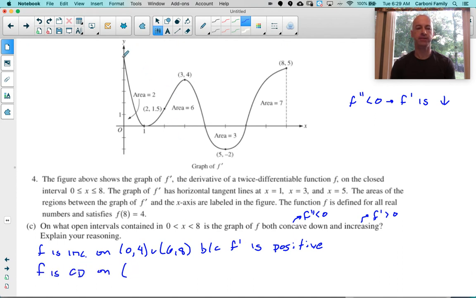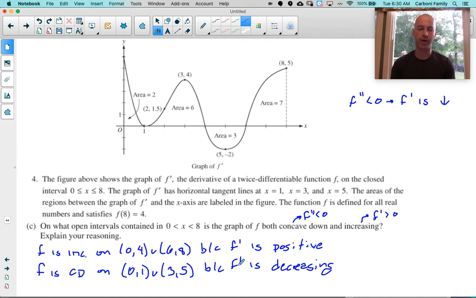This derivative decreases from 0 to 1, from 3 to 5, and that's it. That's because f prime is decreasing. If you want to connect it to the second derivative, that's fine.